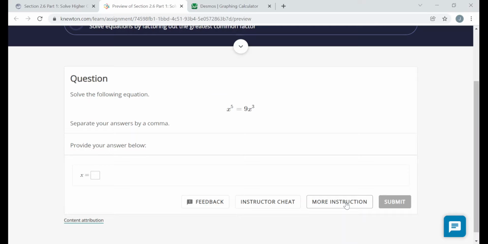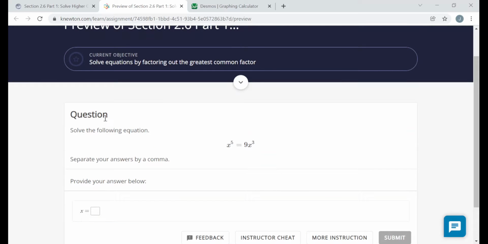You click on this if you're ever struggling with a topic, and it'll take you to a page with some reading or some videos, and you'll be given more questions on that page related to the instruction, and you can get through the assignment that way as well by using More Instruction. There's nothing wrong with that.